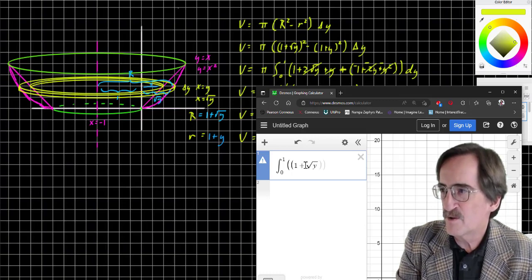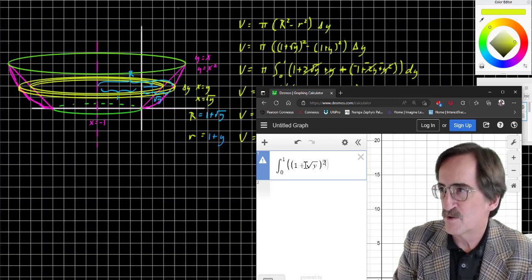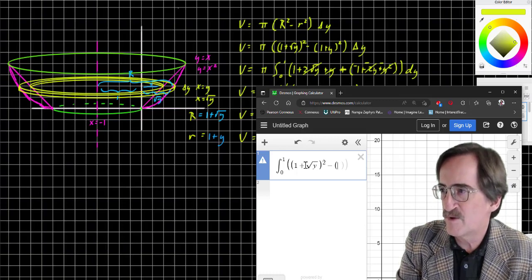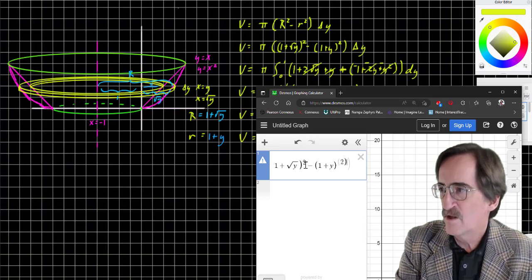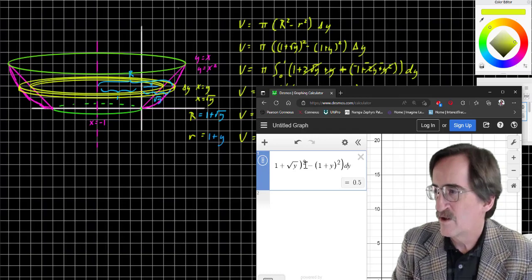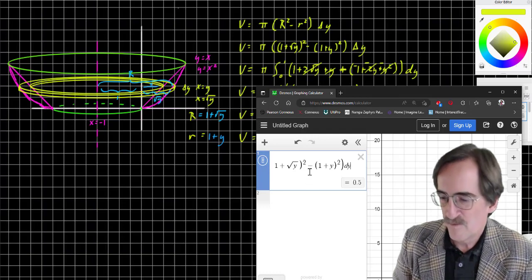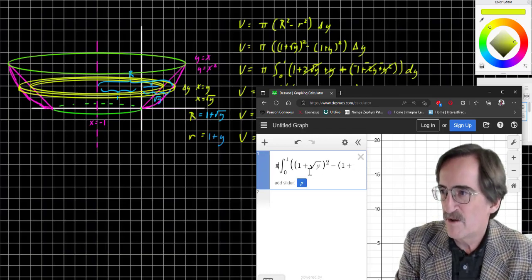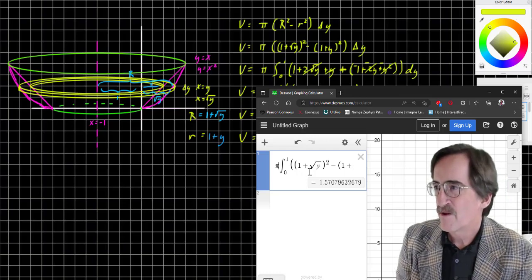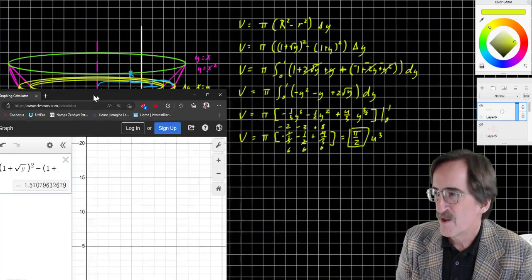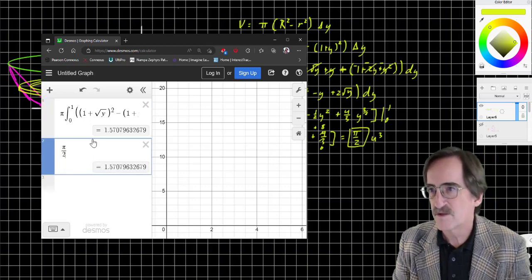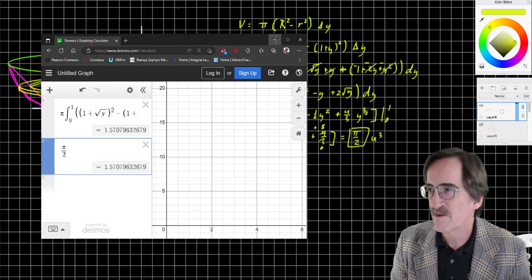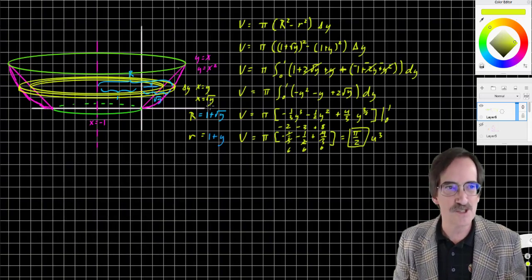When you're doing a calculator check, it helps to eliminate as many possible sources of error, so don't take the time to simplify dy. Oh, 0.5. I forgot the pi. Okay, and pi divided by 2, it's the same thing. All right, so it does check.